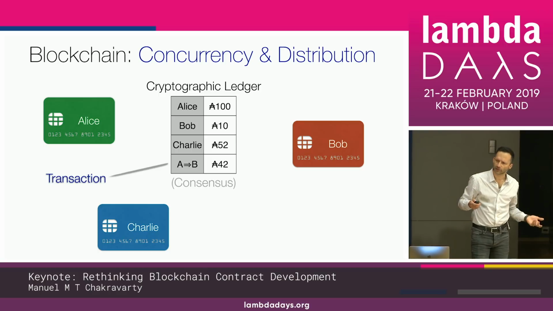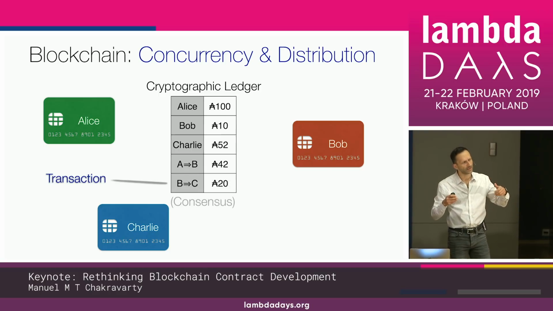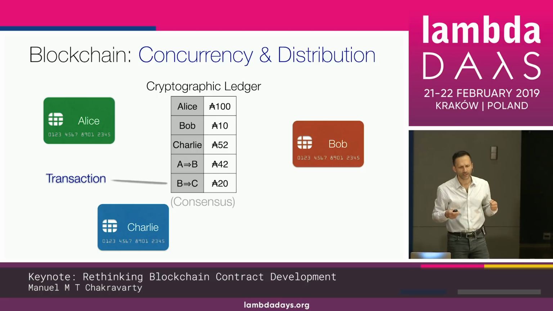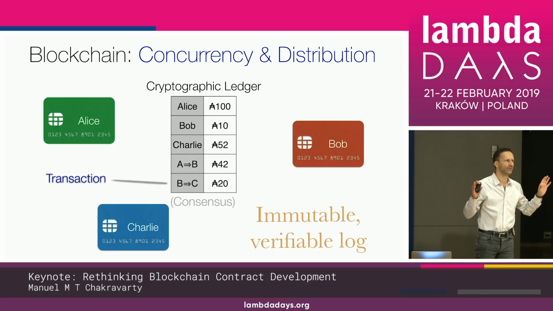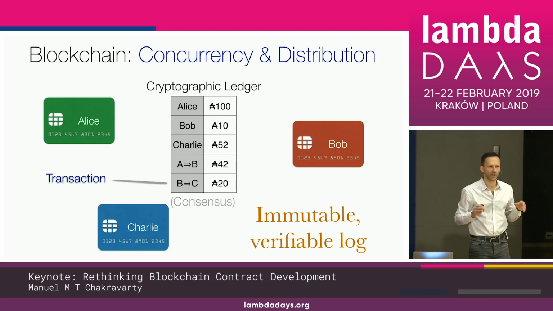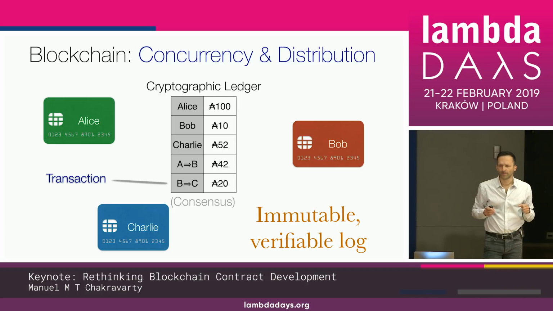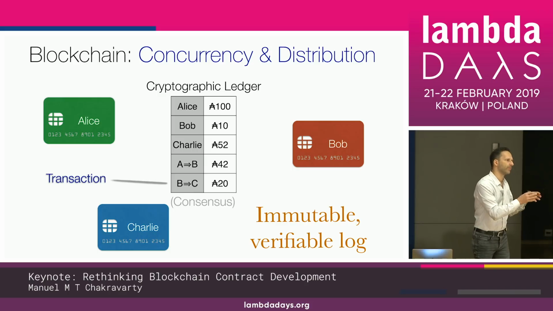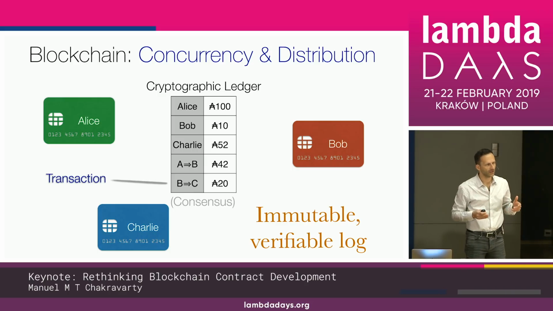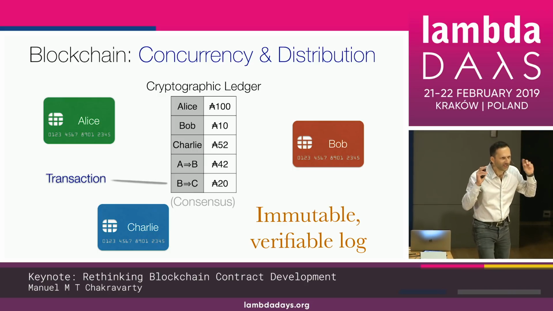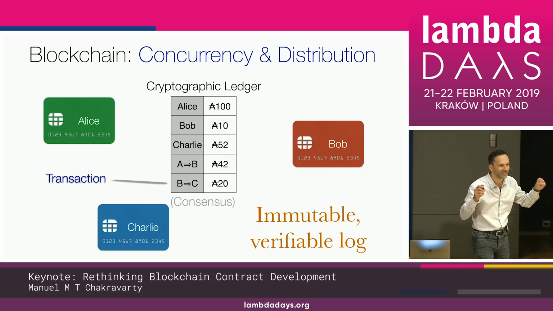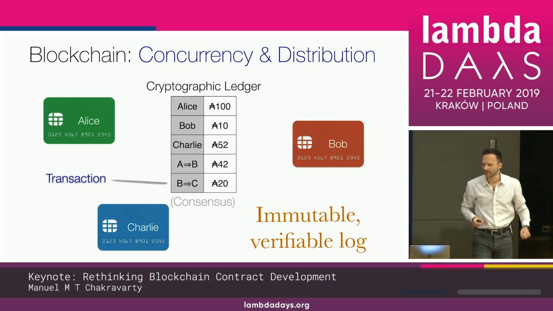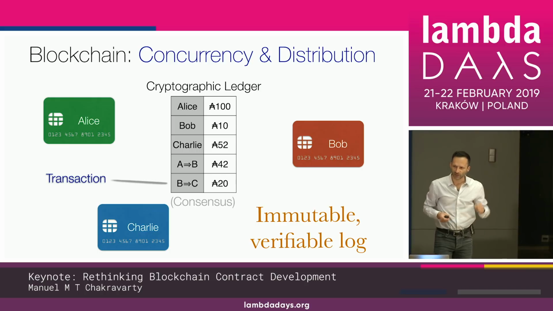Whenever we have a transaction, we just append that transaction to the existing record, and we do that in a way using some cryptography, which I'm not going to go into here, to make sure this is an immutable but still verifiable log of what happened. So when you hear the word immutable, you should go like, yes, yes, yes, because functional programming. All right, so this is good. We are moving in the right direction.